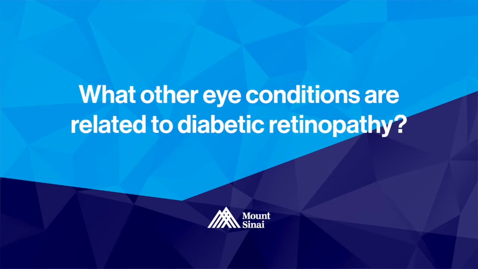So the other eye conditions that are related to diabetic retinopathy include cataract, which is when the lens of the eye is a little hazy. The eye is basically a camera, I like to explain it that way. When the lens of the eye is hazy, the light can't get through, and we call that a cataract, which sometimes has to be treated with cataract surgery.